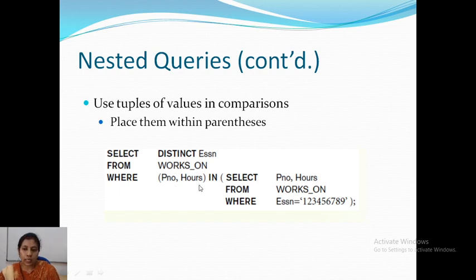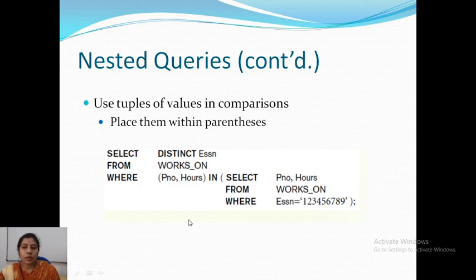Then you can write those attributes within parenthesis, and while selecting, you have to see that two attributes were selected in the inner query. Select project number, hours from works on where employee SSN is this one.